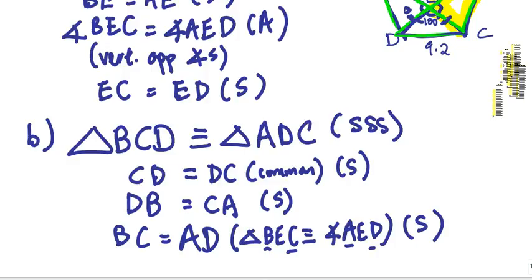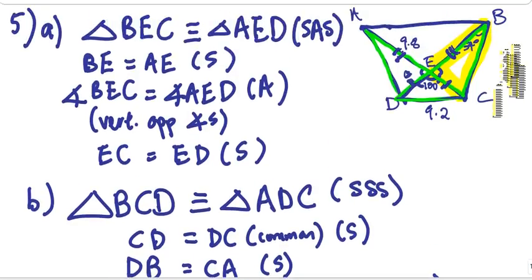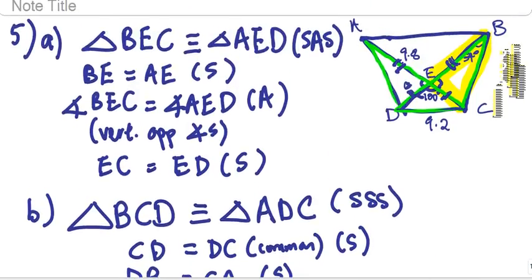Okay, so these are the two proofs of congruency. Now then, the last part, you are given some dimensions here and you are asked to find BD. We know that this side is 6, and if this AE is 9.8, we know that EB is also 9.8 because of the two congruent triangles.